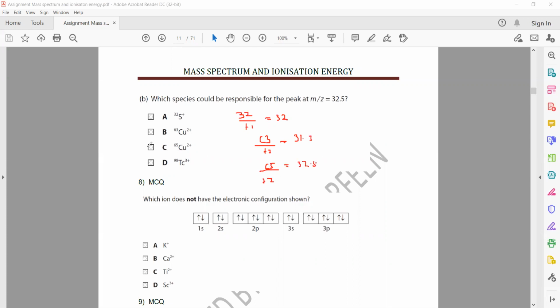So C is the right answer. Titanium 98 divided by 3, we'll get 32.6. So basically it's for copper.